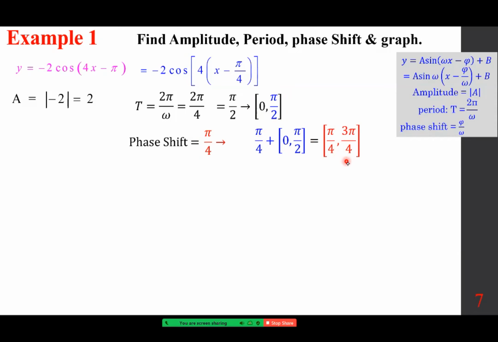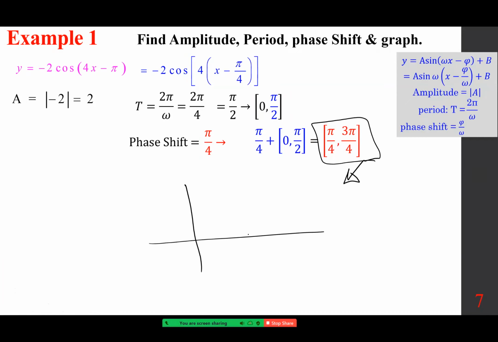Therefore, just to give you an idea of what we mean by this, if we were just to pay attention to this, I have to write this. So you pinpoint pi over 4, you pinpoint 3 pi over 4.